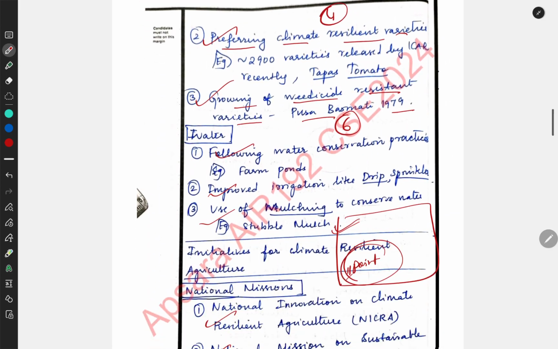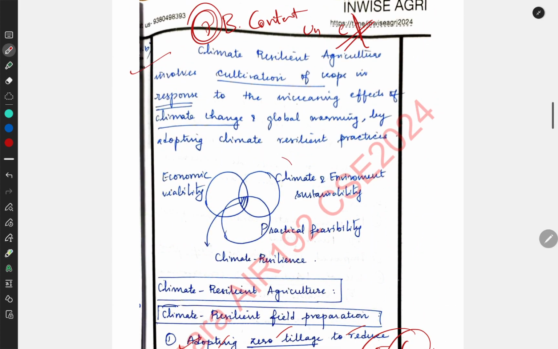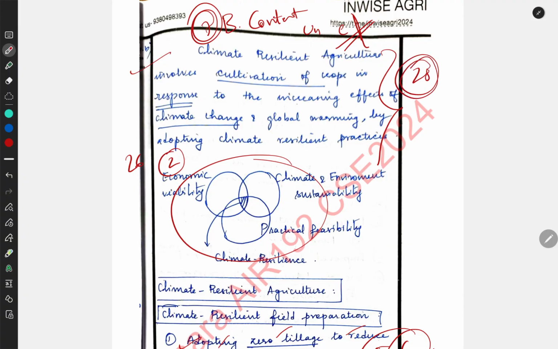Then the diagram gives 2 extra points, so I think 26 points. This is what is considered as 2 points. 28 points. She has written 28 points for this question.